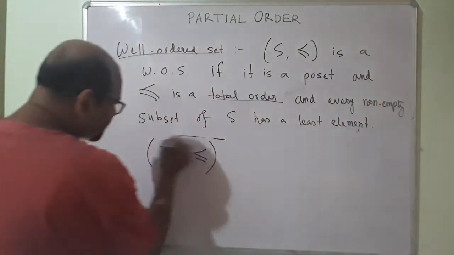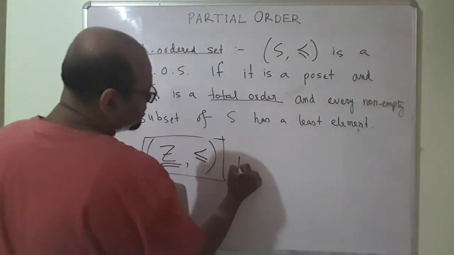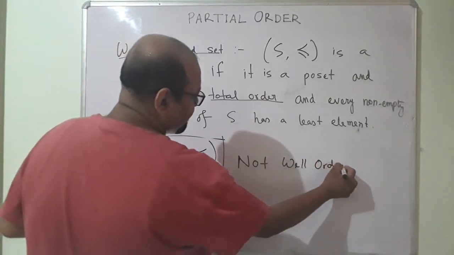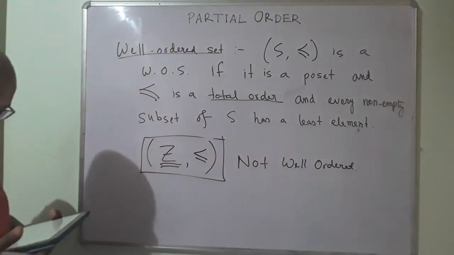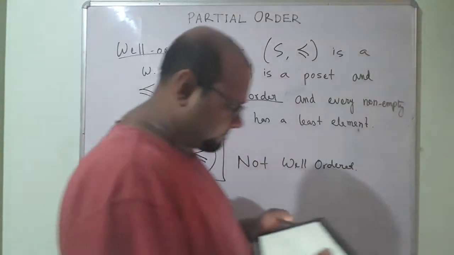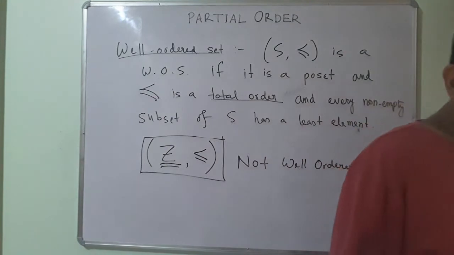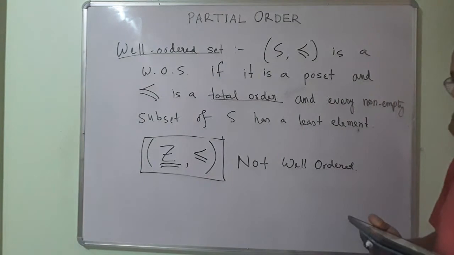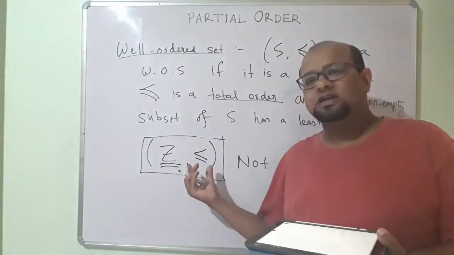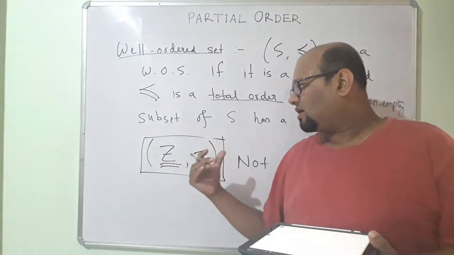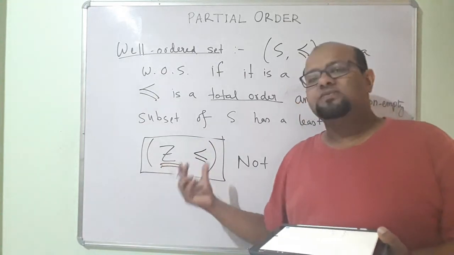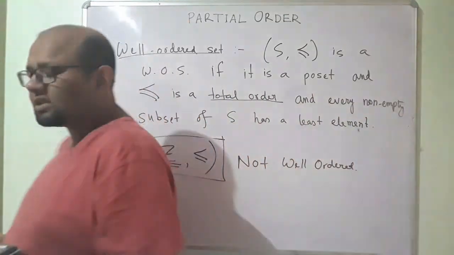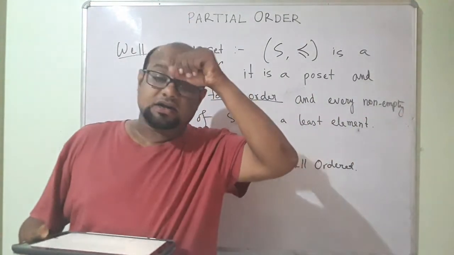So this is not well ordered. So given some relation, if you can find a least element in every non-empty subset, then that would be a well-ordered set.